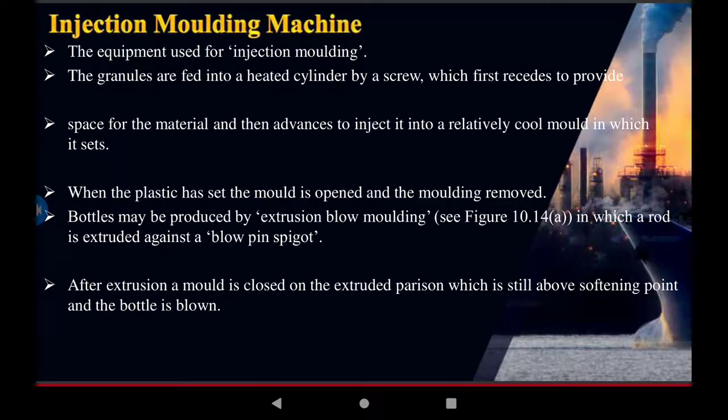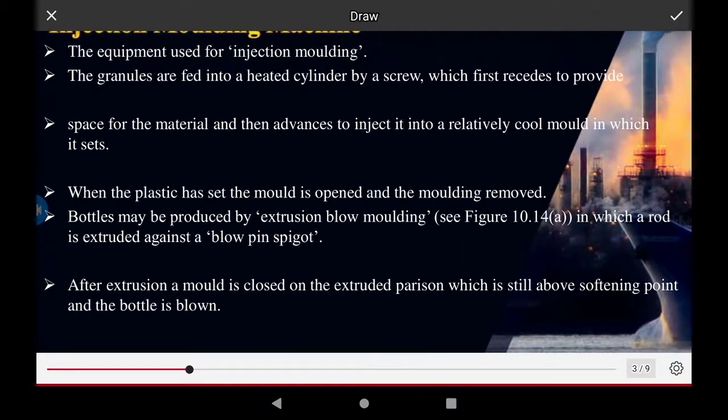Injection molding machine. In the equipment used for injection molding, the granules are fed into the heated cylinder. With the use of the screw, the material is moved forward, providing space in the cylinder for the material, which is then advanced and injected into a relatively cold mold, where it sets.